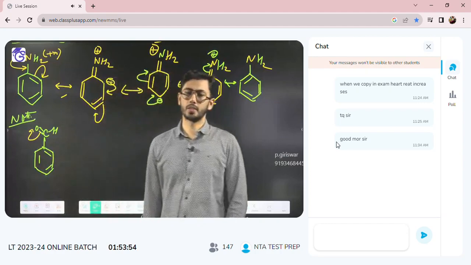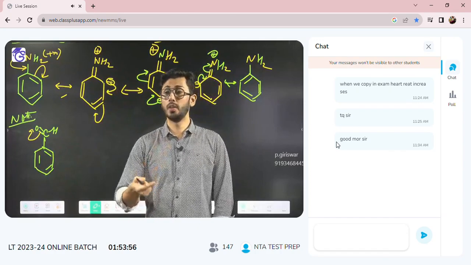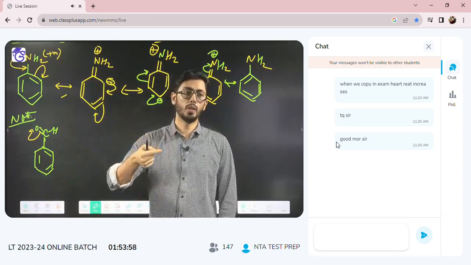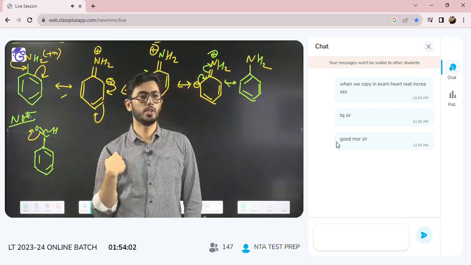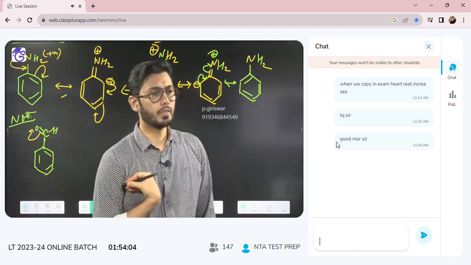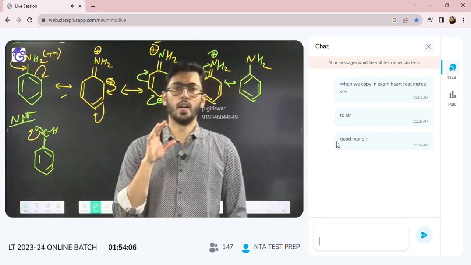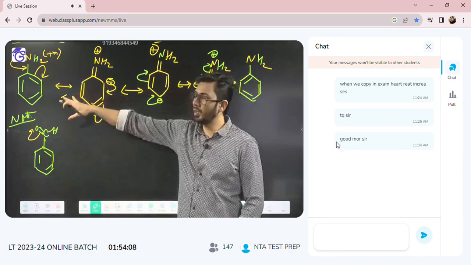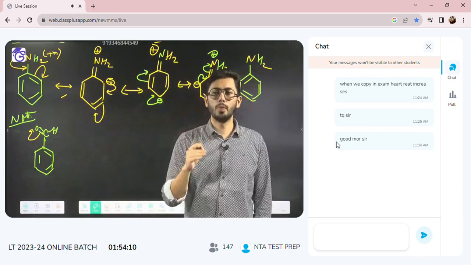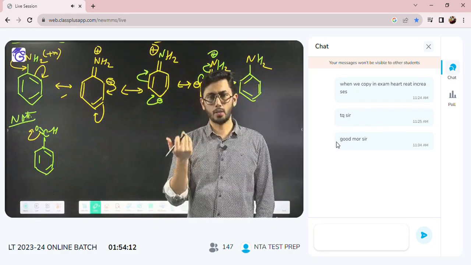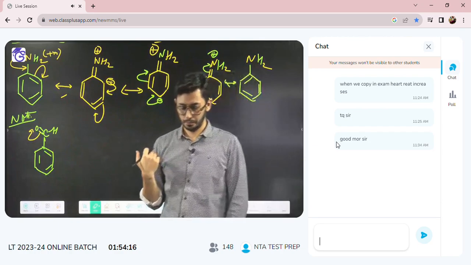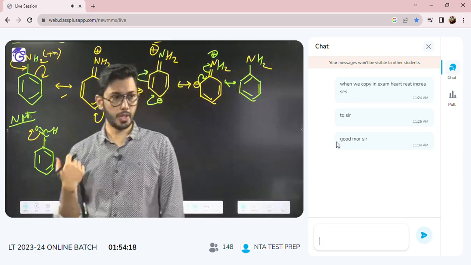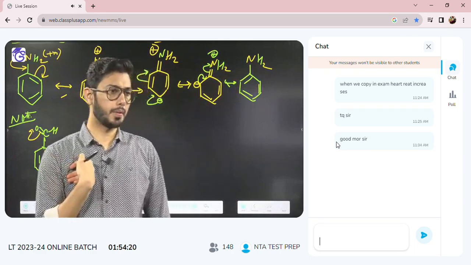It is a withdrawing group. That means pi electron density will be withdrawn towards the more electronegative atom. Which note are you saying, or should I say once again? Okay, what point did I say? I said in the previous example, a plus M group increases the electron density at ortho and para positions. Okay.